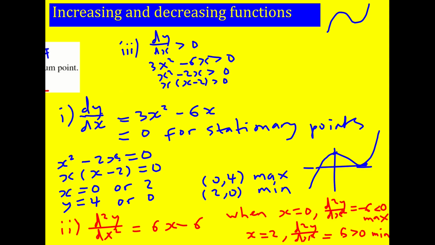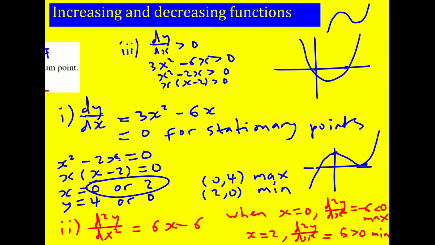Well, I've got the roots from before. I'm looking at dy by dx. I'm now sketching dy by dx. And I know that it goes through 0 and 2. Those are the roots. Here they are. Okay, so I'm now sketching it. It's a positive quadratic, so it's going to look a bit like this. And where is the graph greater than 0?